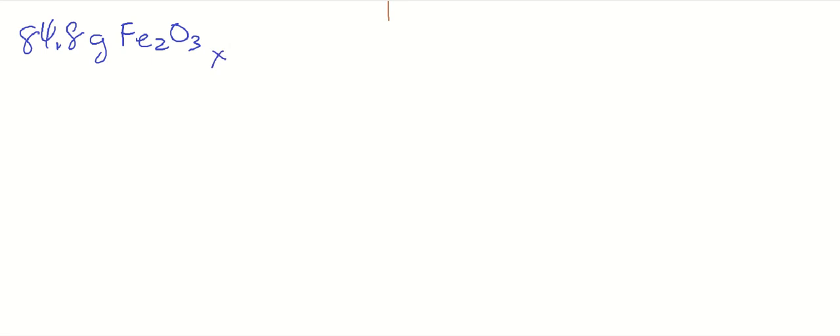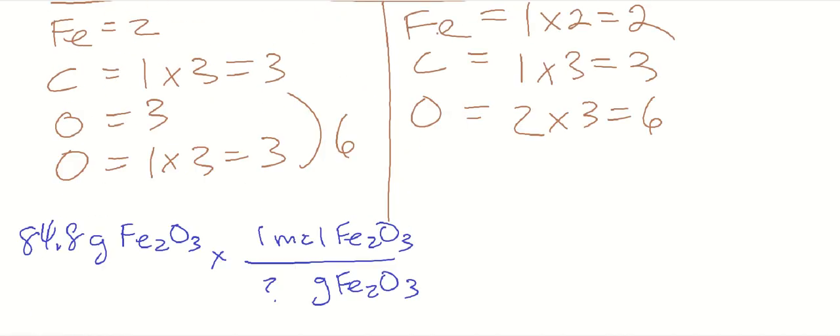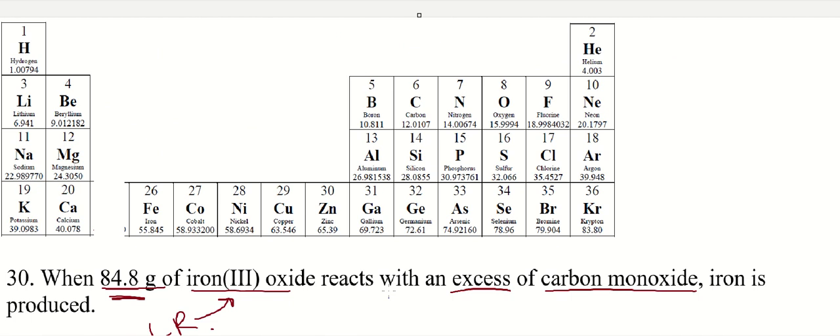First step, if we're not given moles, is to convert to moles. So we need our periodic table. Let's just set the units up. This here is from the periodic table. We're going to need the molar mass. Iron and oxygen.